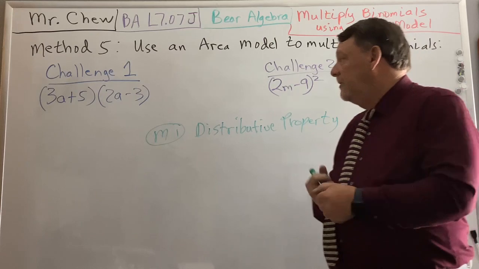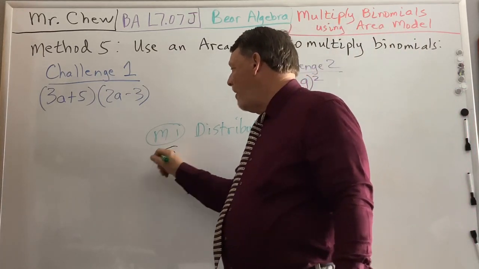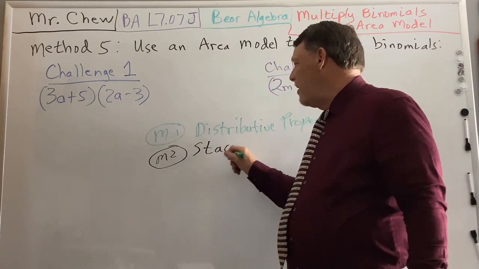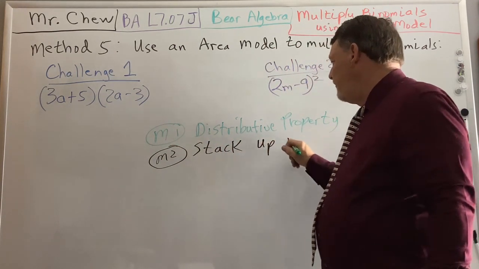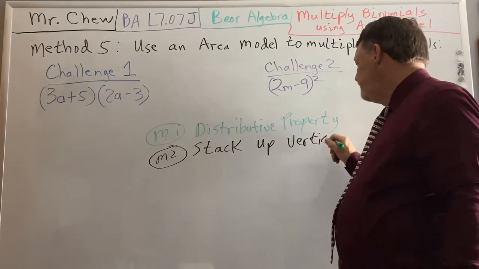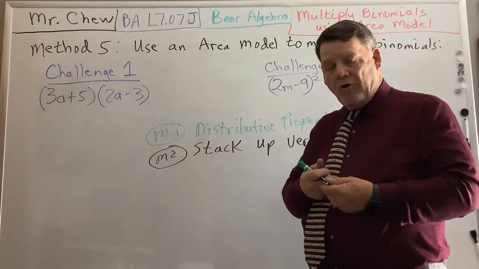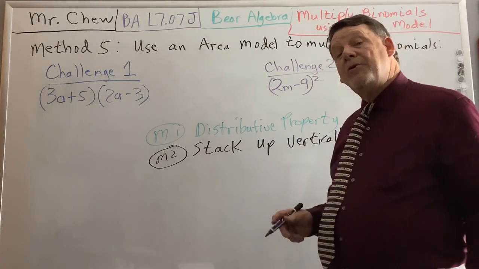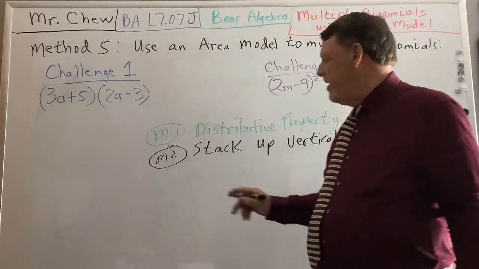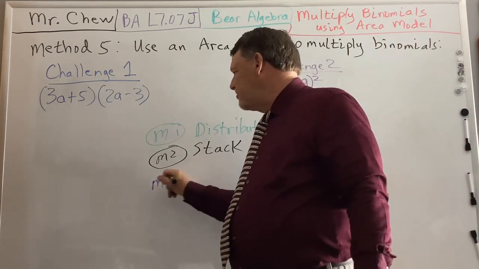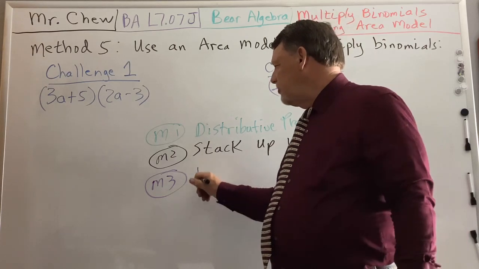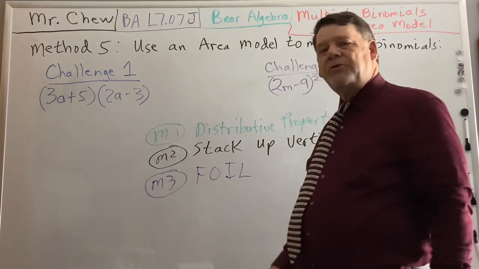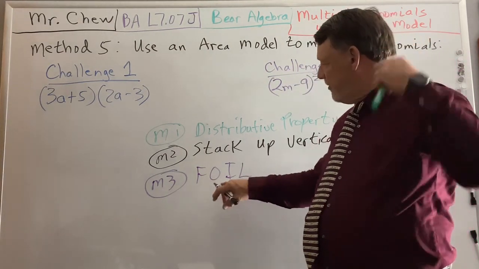Then I taught you method 2, which was stacking them up vertically and then just multiplying like you normally were taught to multiply when you were in school and multiplying numbers back in the 2nd and 3rd grade. Then I taught you method 3, and method 3 was FOIL, which is the method that most algebra classes teach: first, outer, inner, and last.